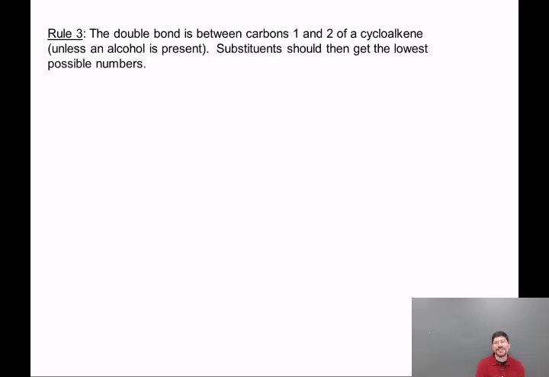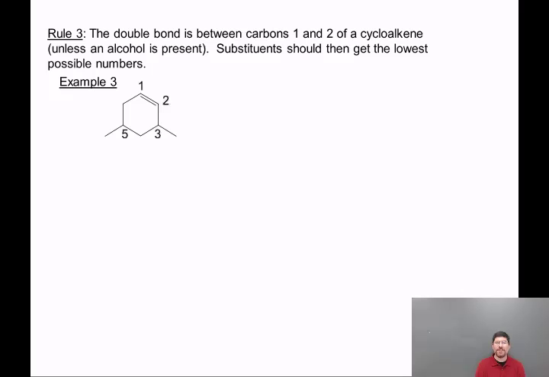Other substituents then should get the lowest possible numbers because the double bond takes priority over other substituents, alkyls, halides, etc. Okay, so let's look at another example, example 3 here. So we have a 6-membered ring, so it's a cyclohexane, except it has a double bond in it, so it's a cyclohexene, and it has 2 methyl groups coming off of it.